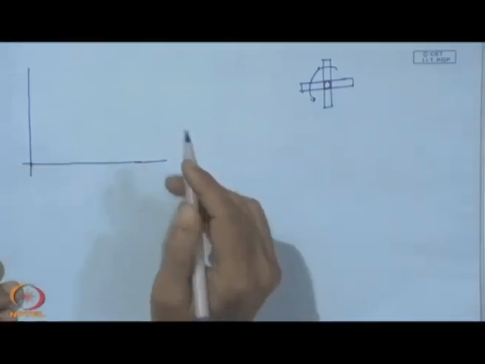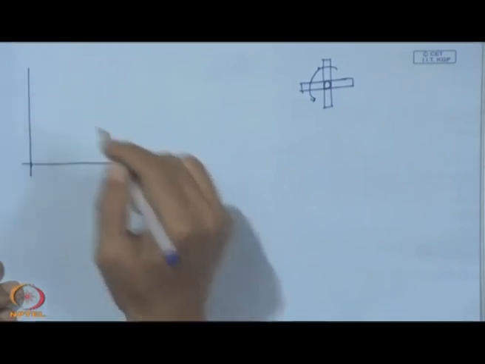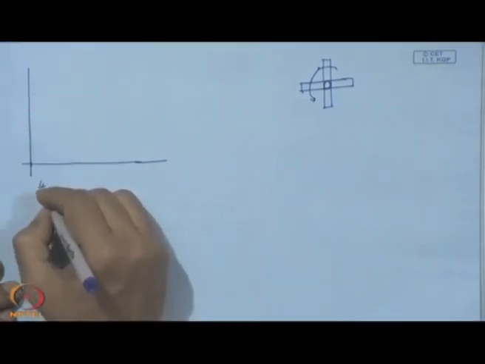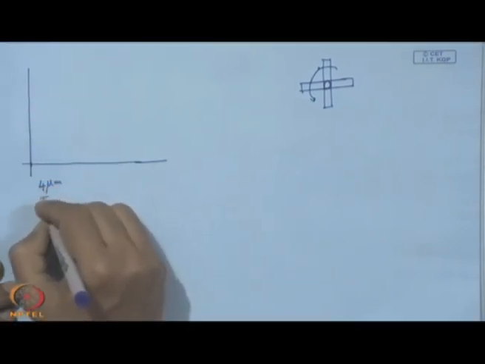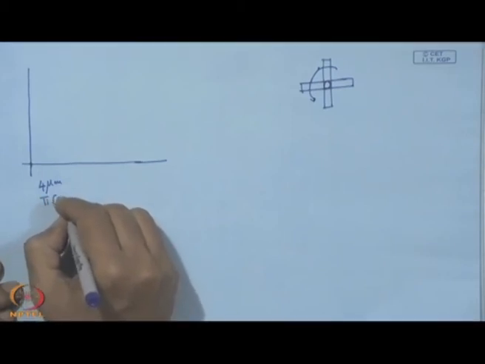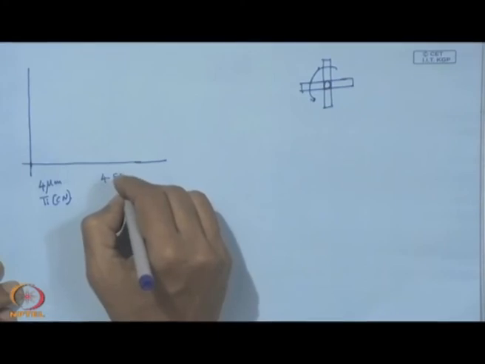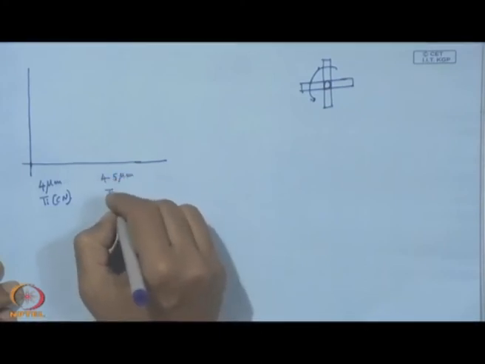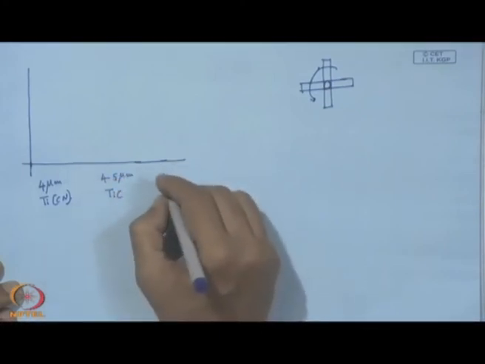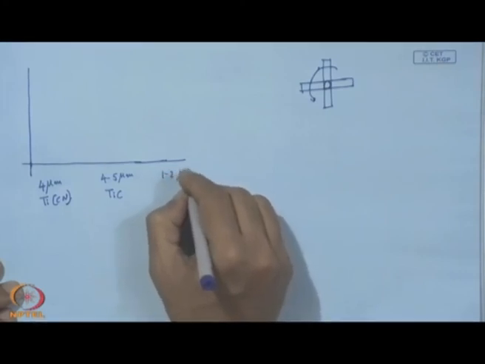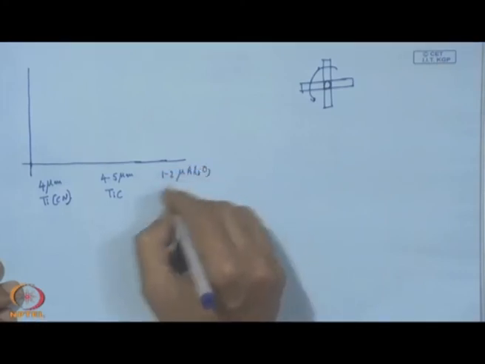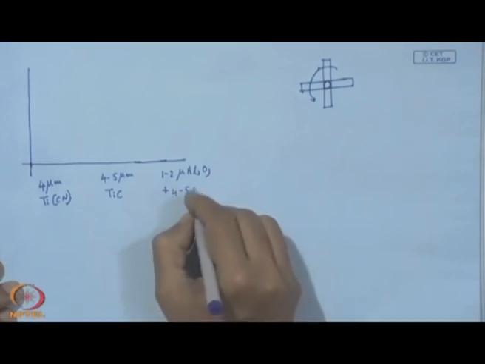And in this case, what we find is a 4 micron thick TiCN coating, and then we have 4 to 5 micron TiC coating, and then 1 to 2 micron Al2O3 plus 4 to 5 micron TiC.